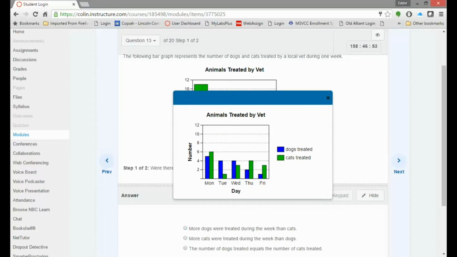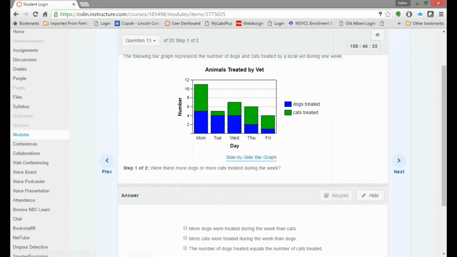Aha! But it's kind of tricky there. You need to add them up. So 5 and 4 is 9, and 4 is 13, and 2 is 15. 16 dogs. We got 6 and 1 is 7, and 3 is 10, and 4 is 14, and 3, 17 cats. Some more cats.